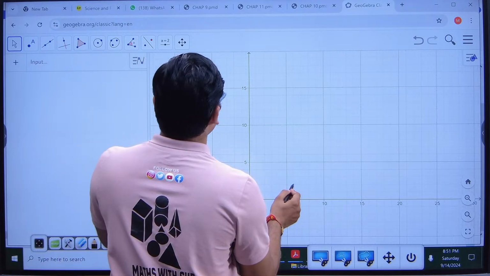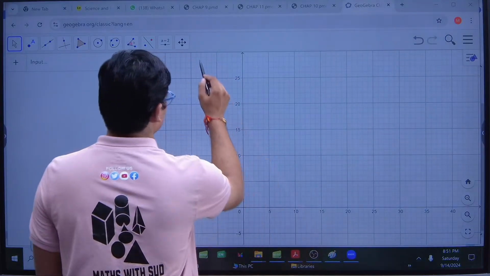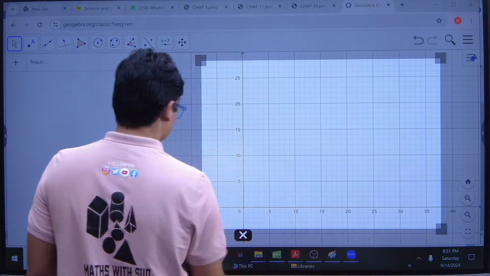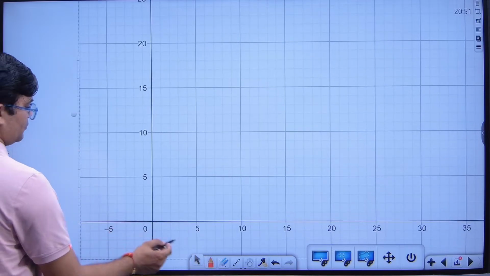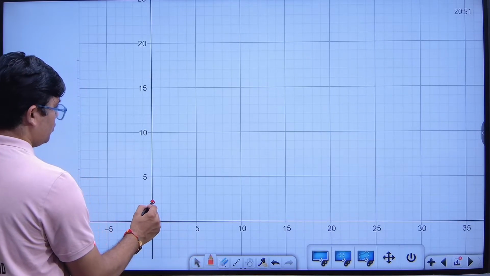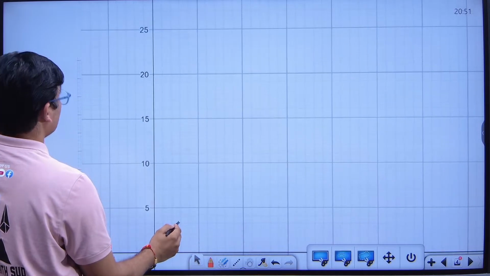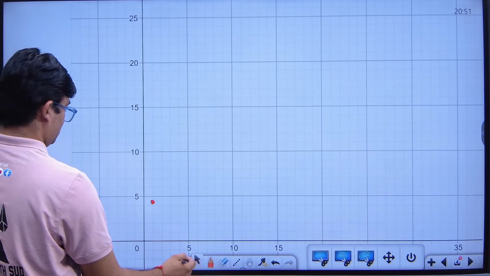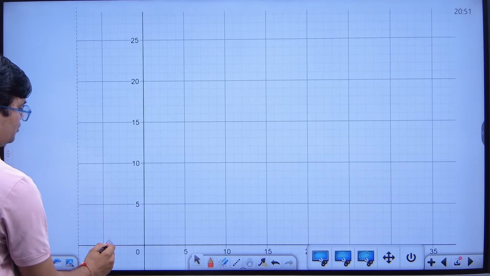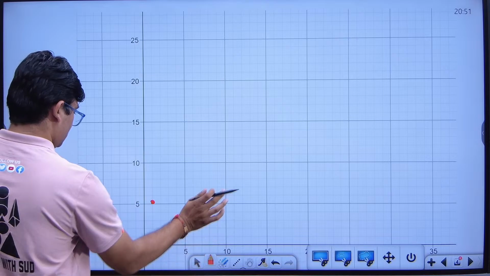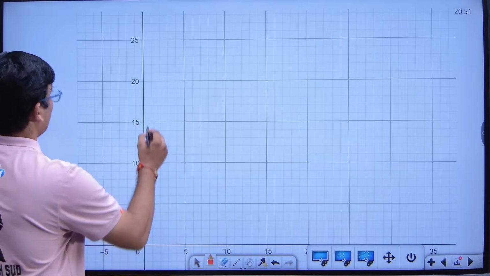I need to show some more values. Now it is fine. So 0, 2, then 1, 27.